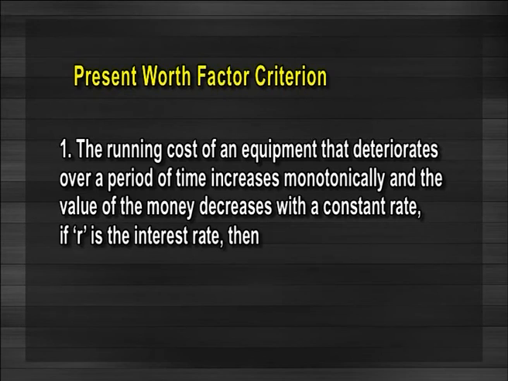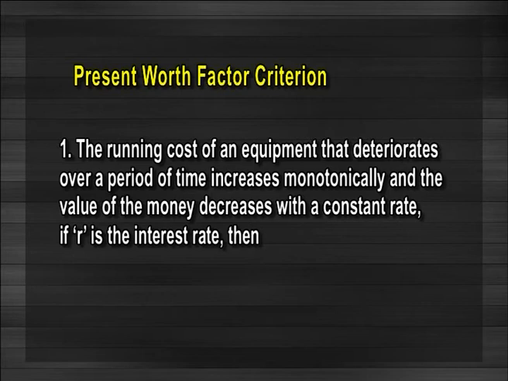Now next, coming to present worth factor criterion. In this case, the optimal value of replacement age of equipment can be determined under the following two situations. The running cost of an equipment that deteriorates over a period of time increases monotonically and the value of money decreases with a constant rate.